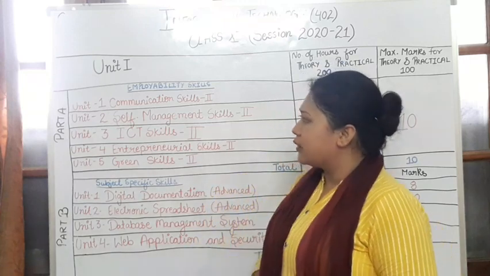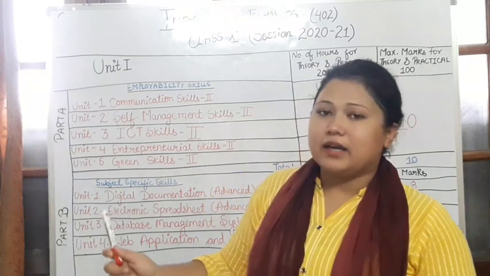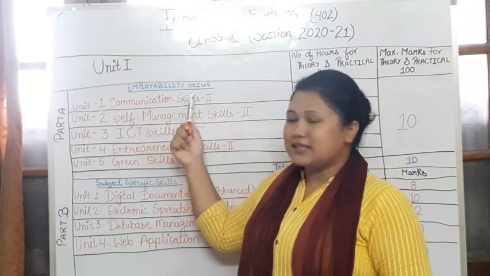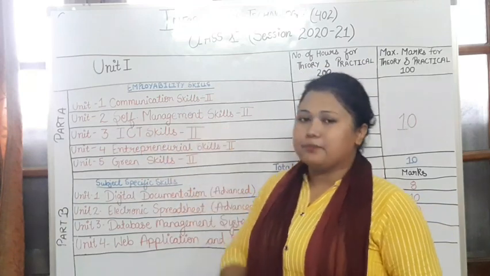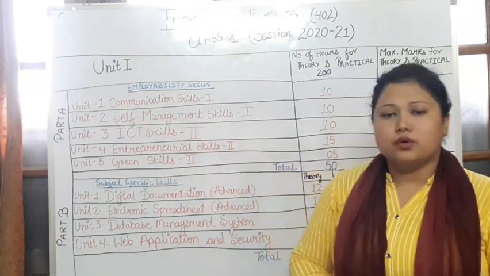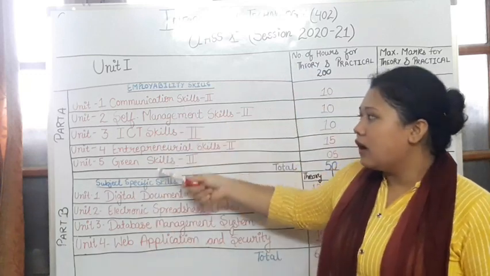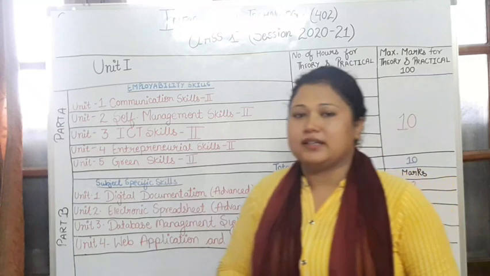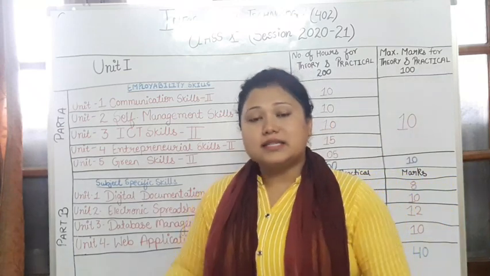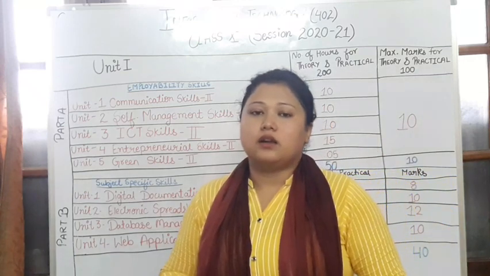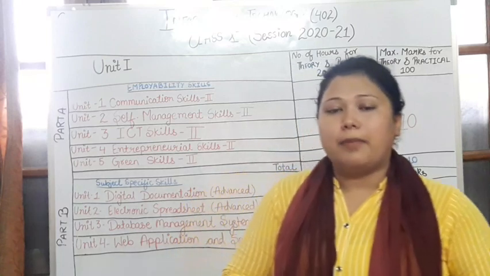The first unit under part A is communication skill 2. You have already studied the first part of all of part A in grade 9, so in this class you will learn further about these units.